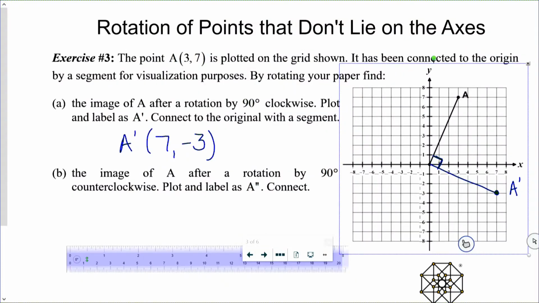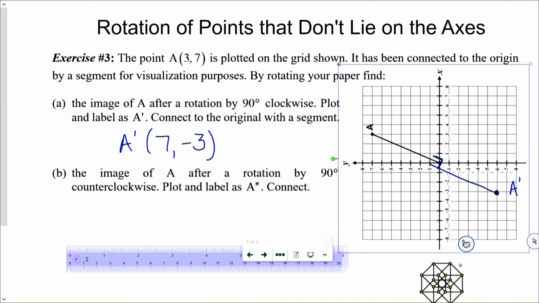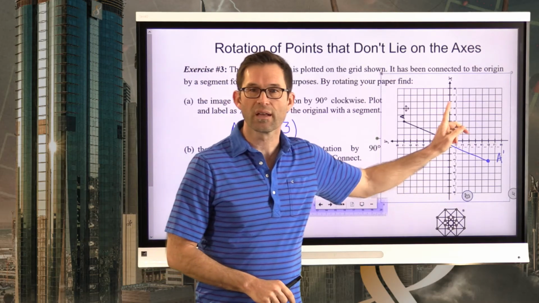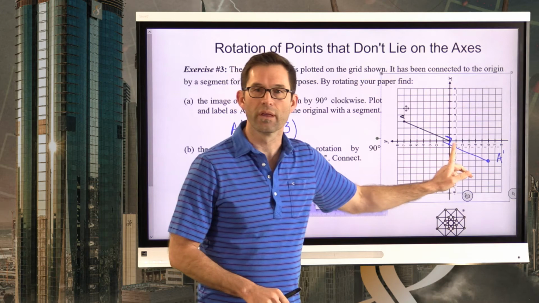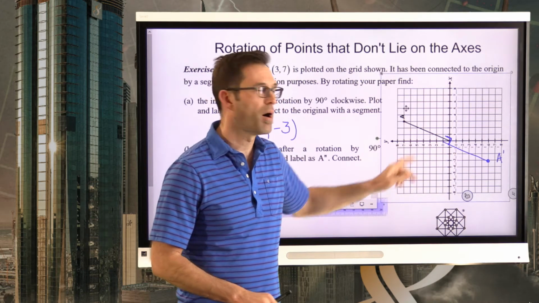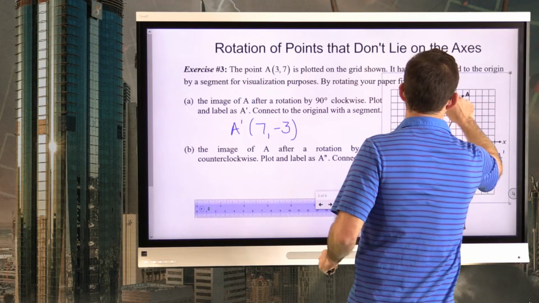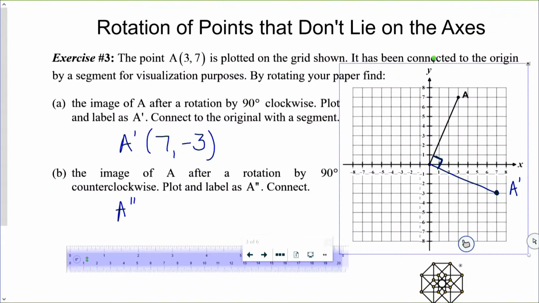But this time I'm going to rotate this 90 degrees counterclockwise, or I'm going to try. And now I'm going to read off the coordinates, again pretending this is the x and the y-axis. That's going to be at (-7, 3). Let me rotate that back so we've got it where we want it. And that's going to be A double prime at (-7, 3).